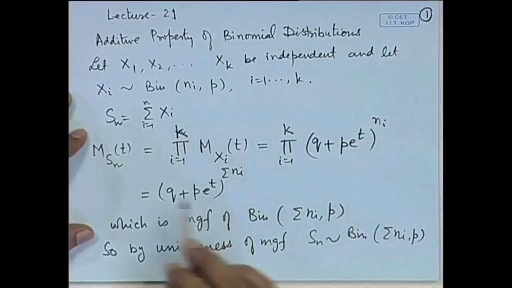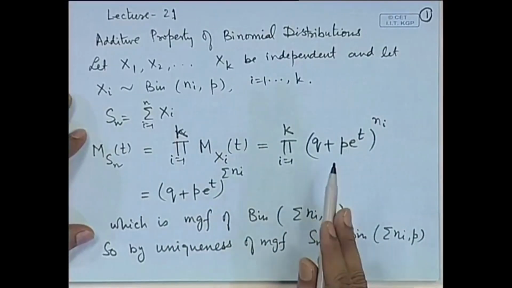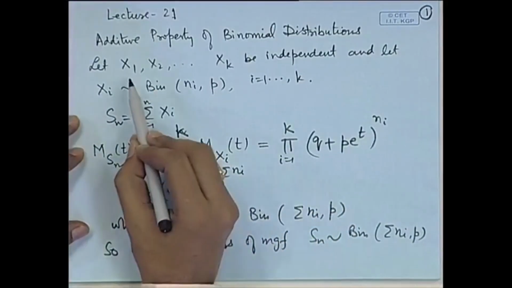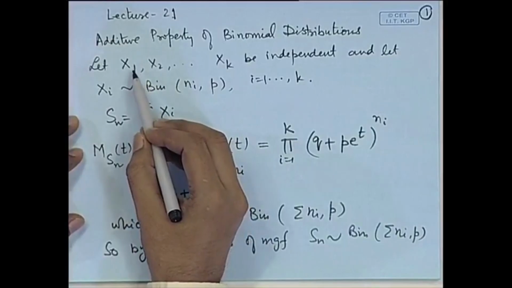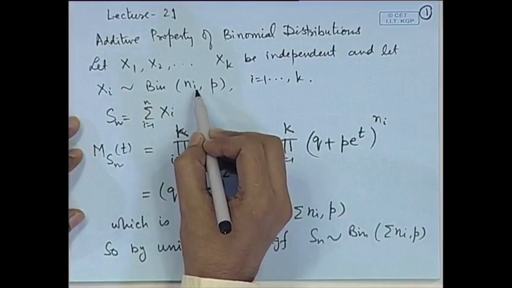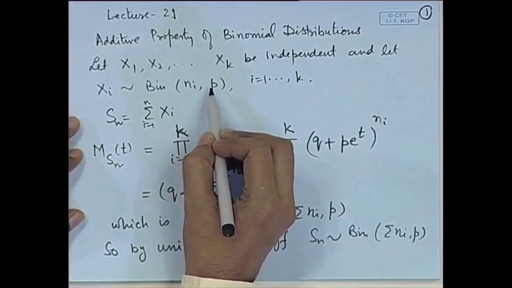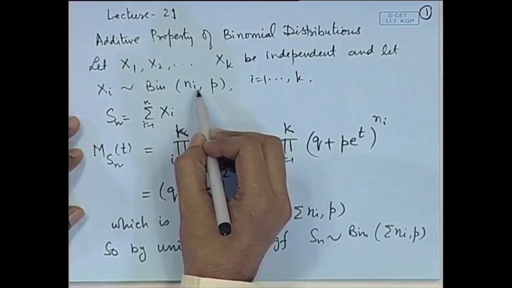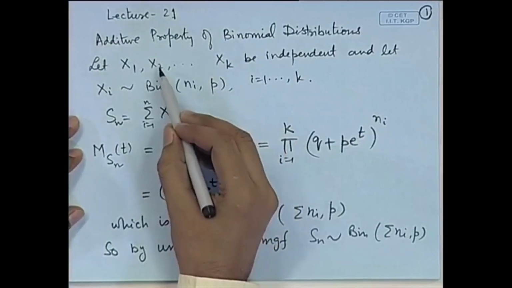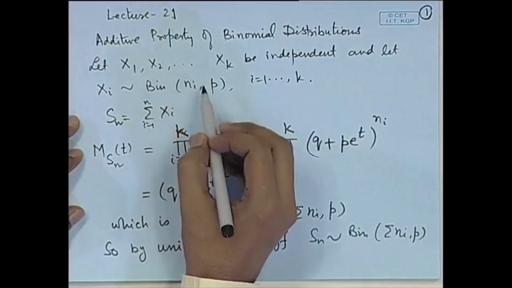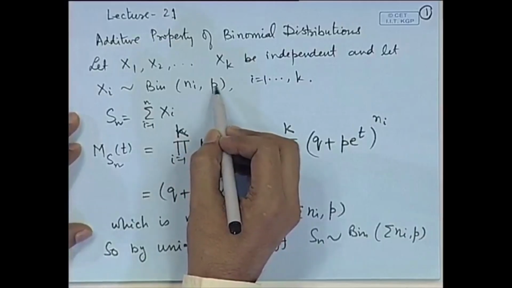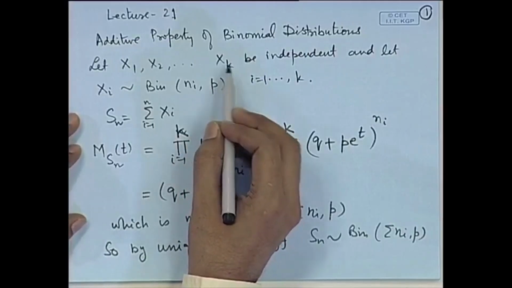This additive property of the binomial distribution can be expressed physically also. Here X1 denotes the number of successes in a sequence of n1 independent and identically conducted Bernoullian trials, where the probability of success is p. X2 denotes the number of successes in n2 independent and identically conducted Bernoullian trials with probability of success p, and so on.